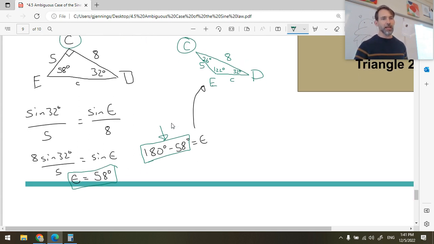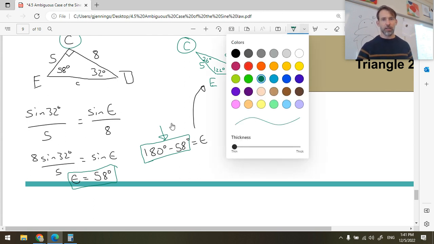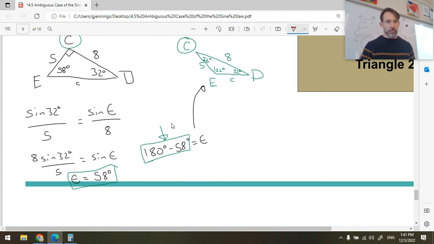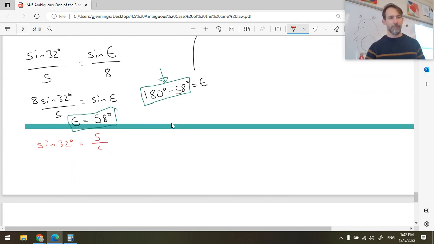So this one is a right angle triangle, so we can just use sine 32 is 5 over C. So let's go for that. I'll do it in red for fun. Sine 32 is equal to 5, opposite over hypotenuse, 5 over C. Multiply both sides by C and divide both sides by sine 32.